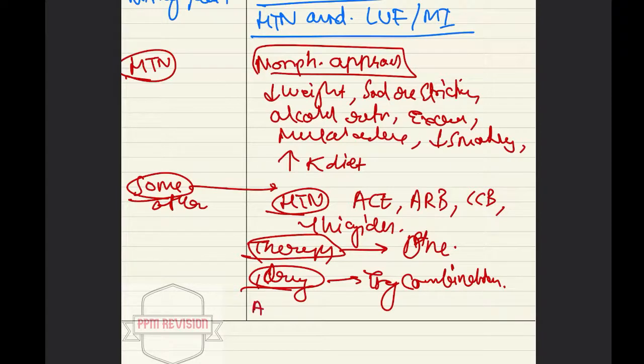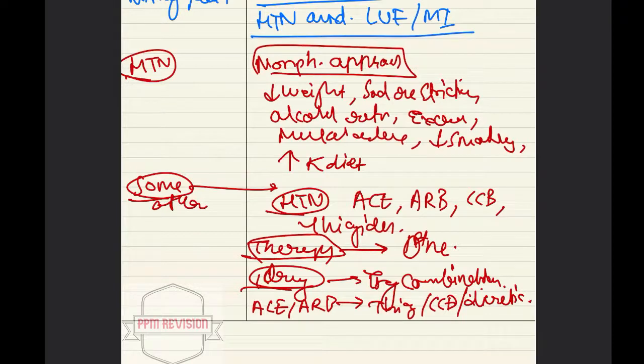Usually you can do ACE or ARB along with thiazides, CCBs or diuretics. So this can be a possible combination that can be given. And a combination of verapamil and diltiazem should be avoided with beta blockers, as mentioned earlier, because it results in cardiac dysfunction. We have seen that earlier.